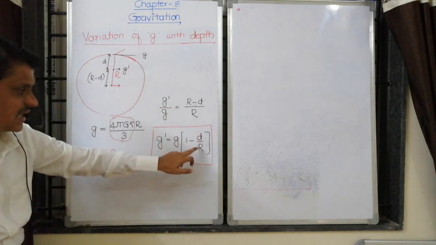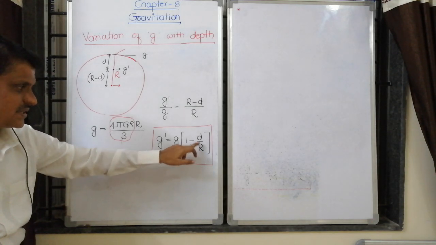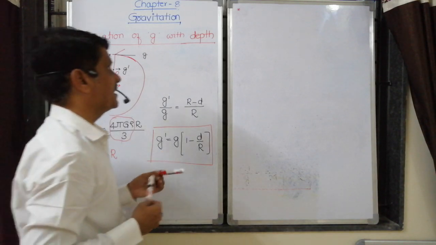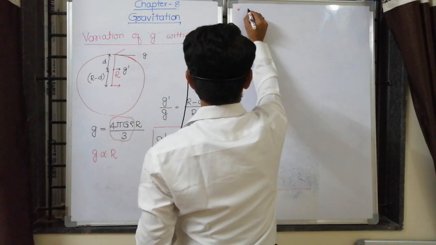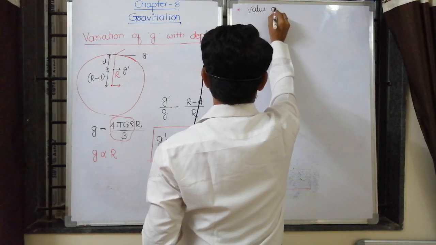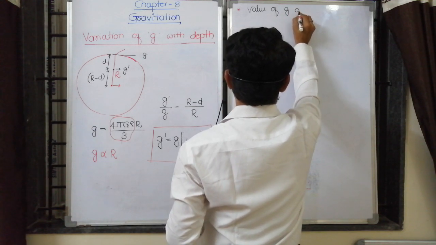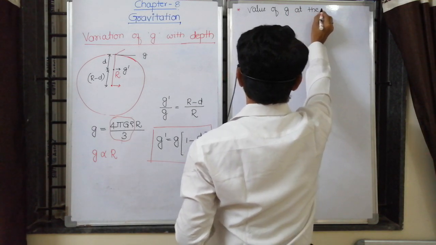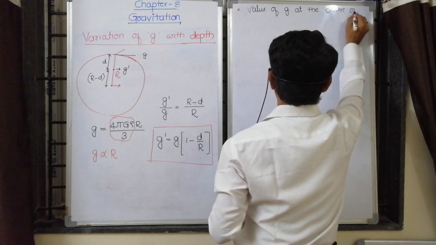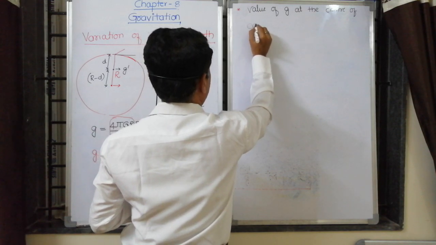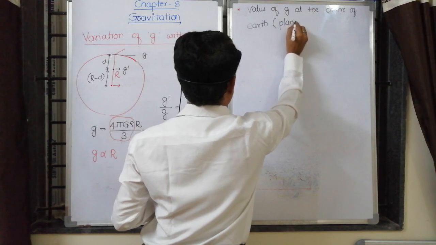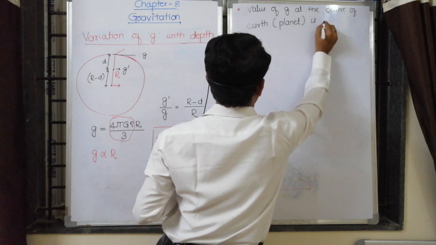If I put r here, r by r, 1. 1 minus 1, 0. Therefore, 0 into anything is 0. Hence, I can say value of g at the center of earth or any planet is 0.